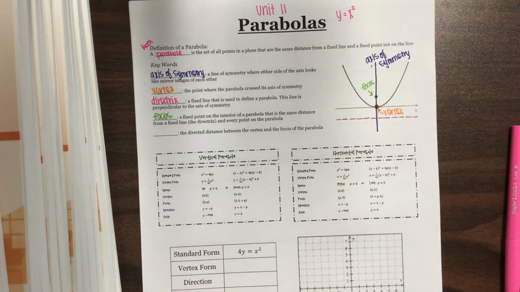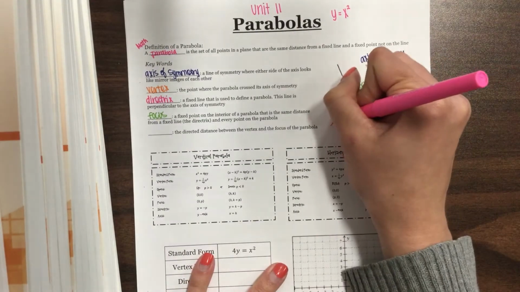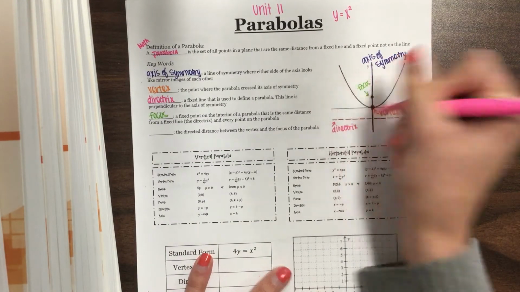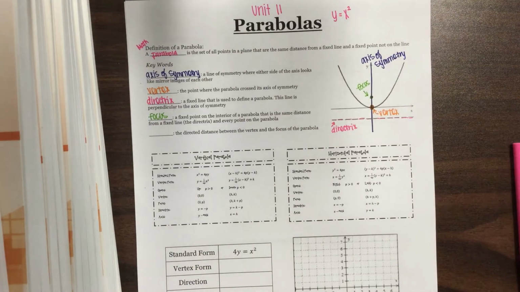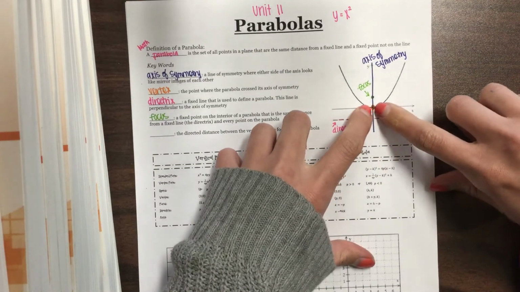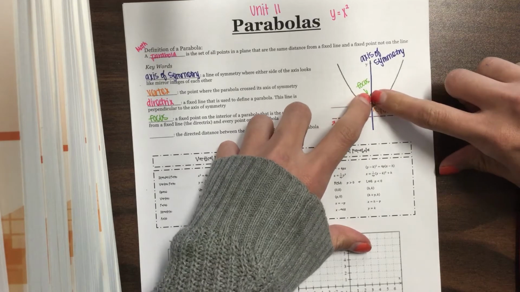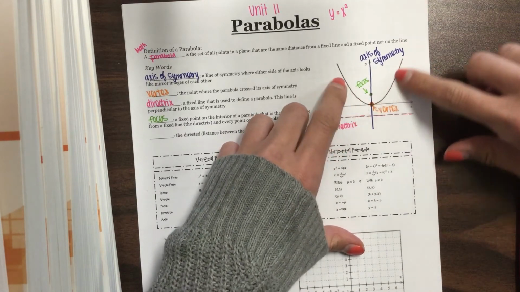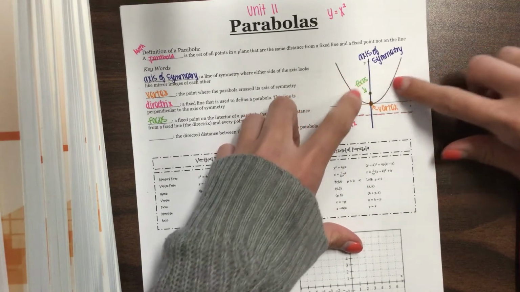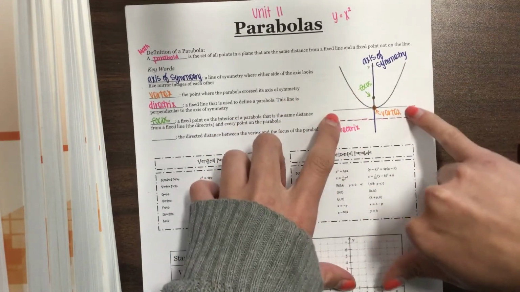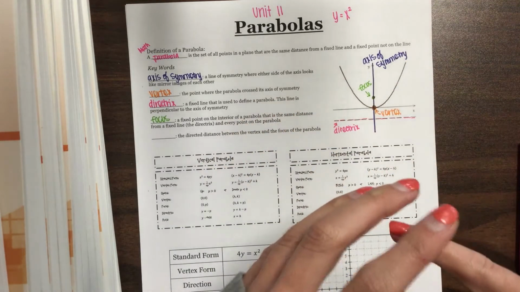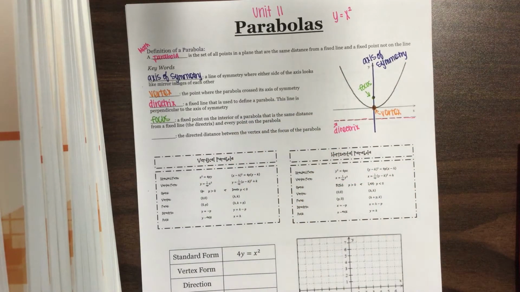Oh, and I forgot to label this. This is the directrix. And when it says that it's the same distance from every point, that means like when we go this way, these two points are the same distance from that focus. These two, as I continue up, they're all the same from that focus. If this is a +4 and this was a -4, that would be the same distance from that focus. That's what it means, okay?